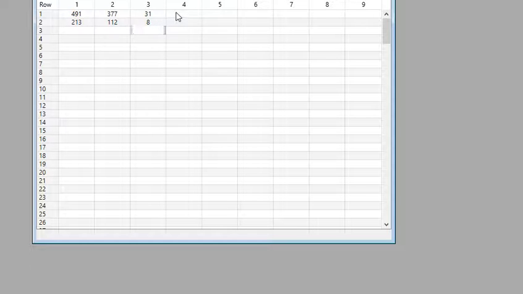Red helmets, 170, and 70 were in the killed or injured category. And last but not least, blue helmets, 55, and 26 were killed or injured.